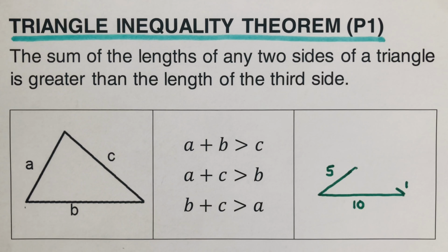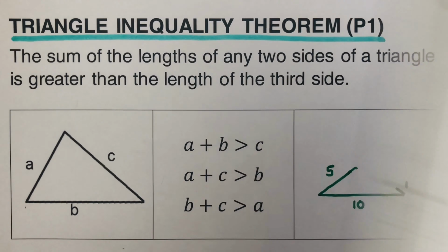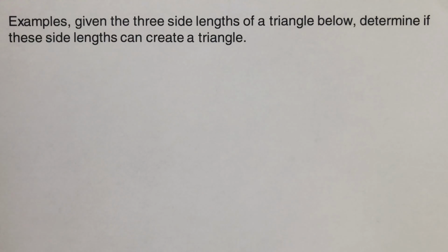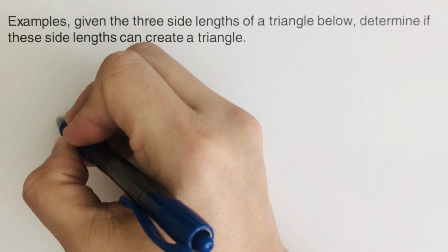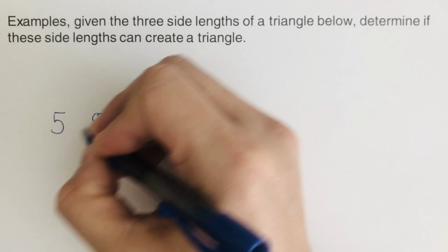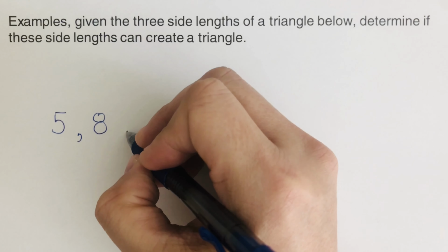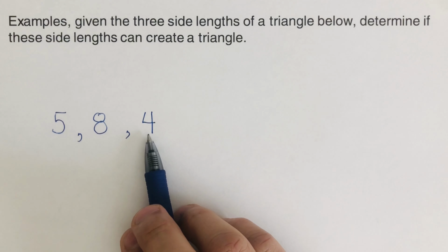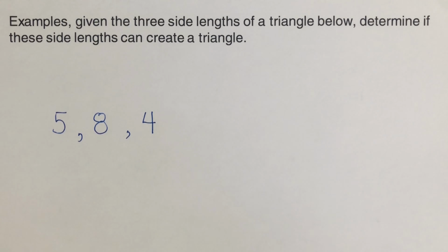Now let's have an example to better see how this works. Say I give you the side lengths of a triangle: 5, 8, and 4. Our task is to test whether 4 is way too short and does not form a triangle. So how do we do it? These are the steps.